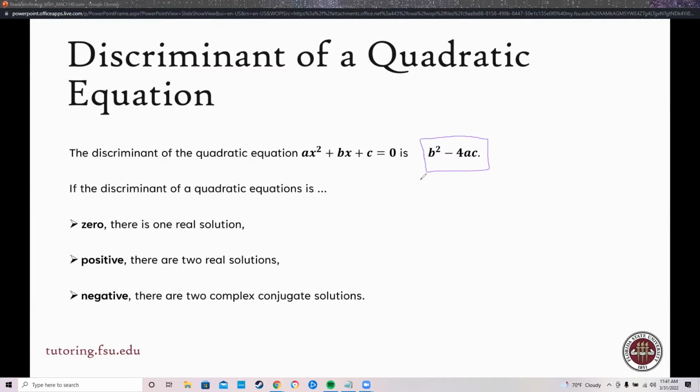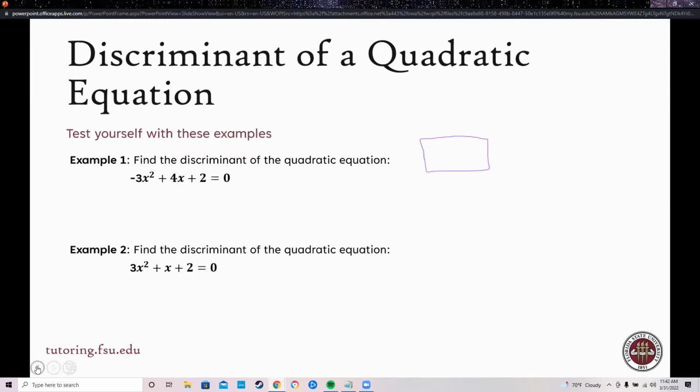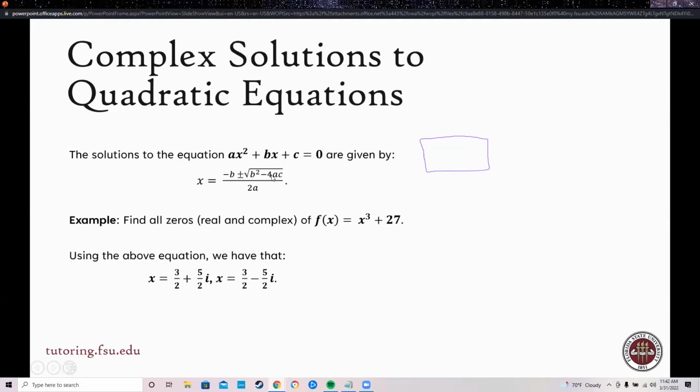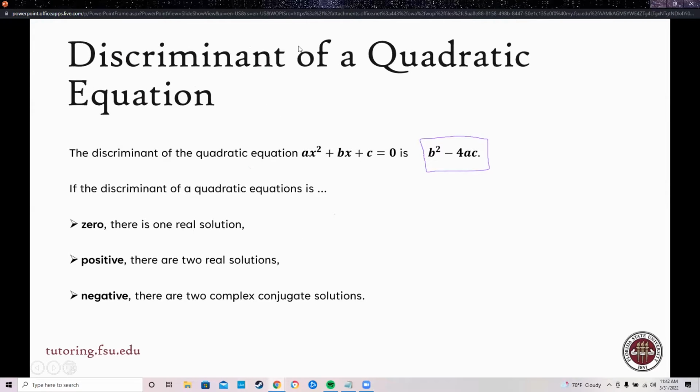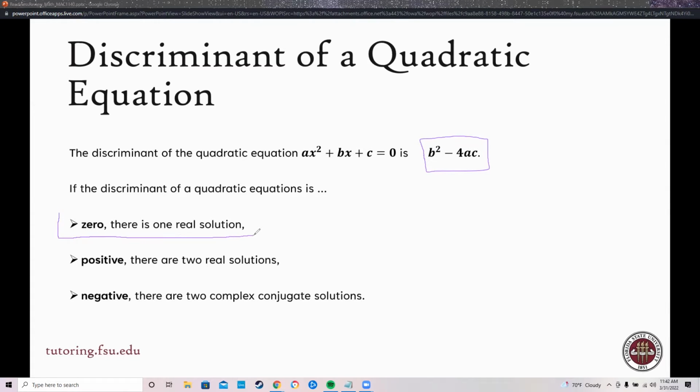This is also, recall, the same thing as the inside under the radical for the quadratic equation, b squared minus 4ac. So whenever the number underneath the radical is 0, there is only going to be one real solution because we just have the number out in front over 2a.